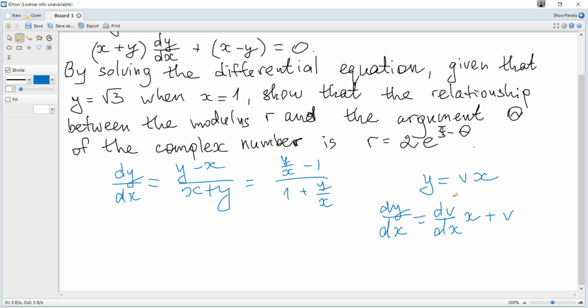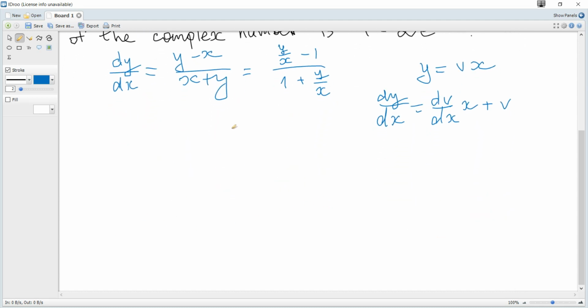So dy dx is this expression. And now we can substitute and get the next. So dy dx is dv over dx times x plus v, and y over x is v, so it's v minus 1 over 1 plus v, or v plus 1. And hence we get a differential equation in terms of x and v only.